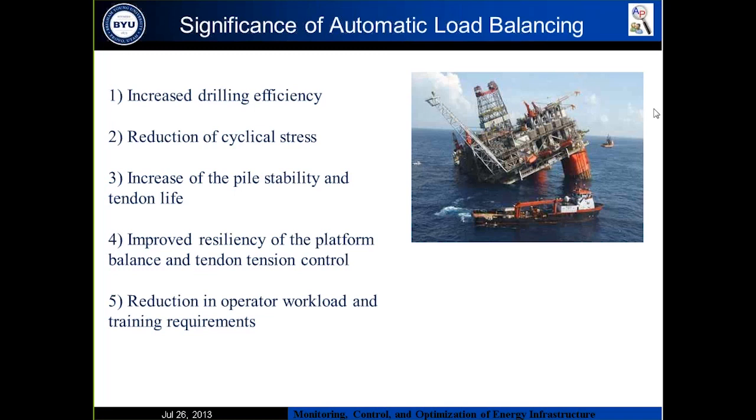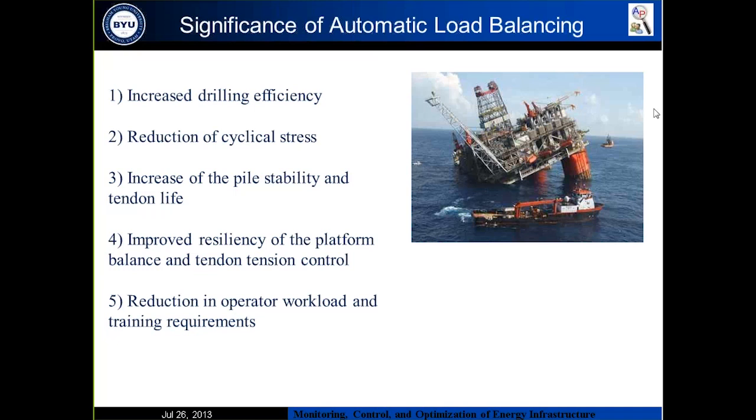And if we become able to automate this process, the advantages will be increased drilling efficiency, because within drilling they can move the equipment on the drilling rig easily, so they will have less drilling time, and it will decrease the drilling cost a lot. And also, we will have a reduction of cyclical stresses on the platform and increased pipe stability and tendon life.